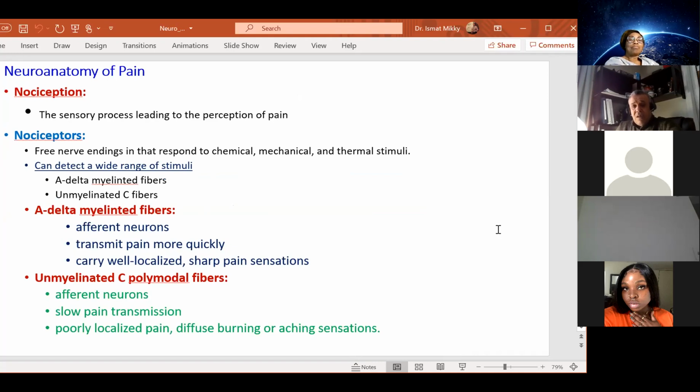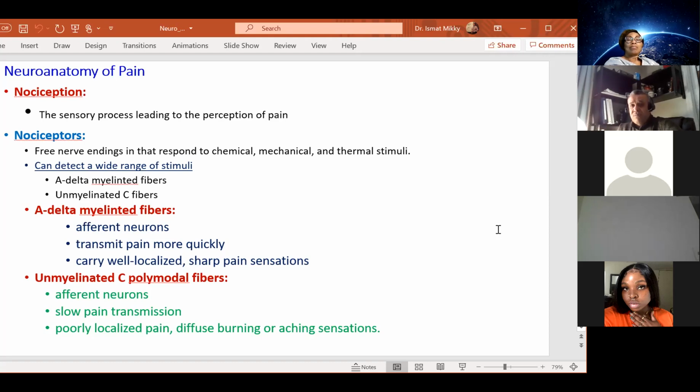So nociception is the sensory process leading to the perception of pain. That's when we feel that pain, or the pain experience results from the activation of these nociceptors. These nociceptors are present in the nerve endings in the skin, muscle, joints, arteries, and visceral organs like internal organs, and they respond to chemical, mechanical, and thermal stimuli.